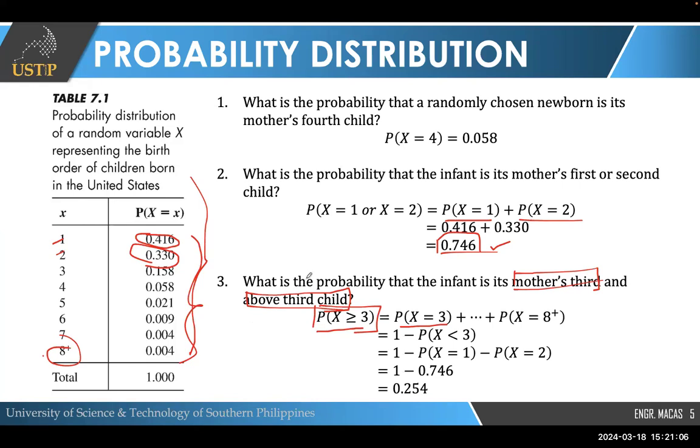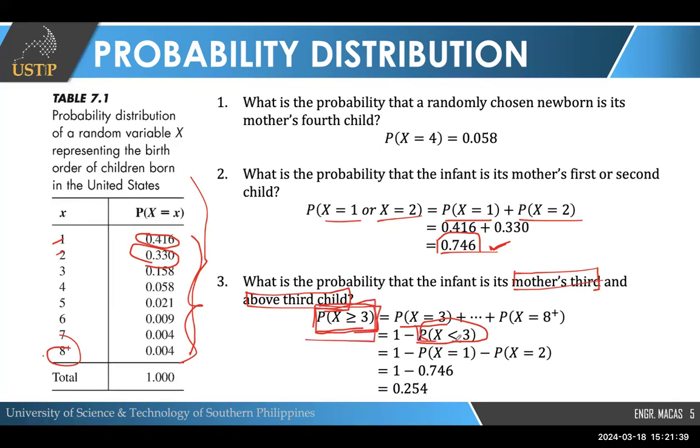So meaning, if I want the probability of x greater than or equal to 3, it is the same as 1 minus the probability of x less than 3. Correct? It's the complement. Okay? So we already got the x less than 3 here, class. Those are 1 and 2. If we add them up, that is the probability of x less than 3, because 3 is not included. The probability of x greater than or equal to 3 is where we include the 3.